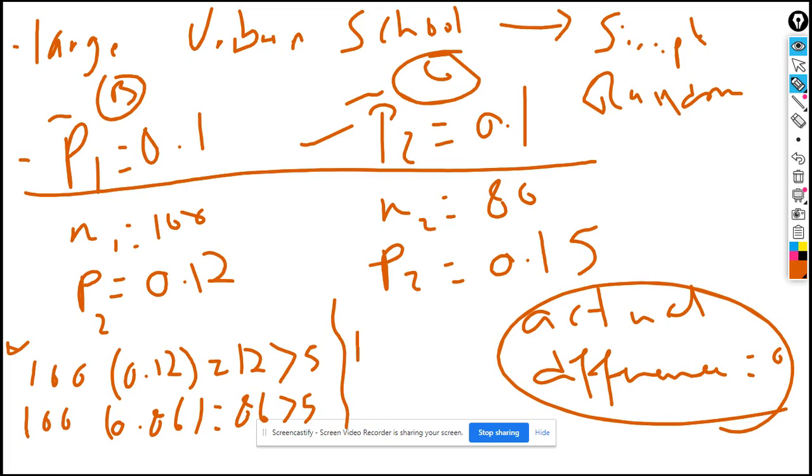On the other side, 80 multiplying by 0.15 is going to be 12, more than 5, and 80 multiplying by 0.85 giving me 68.